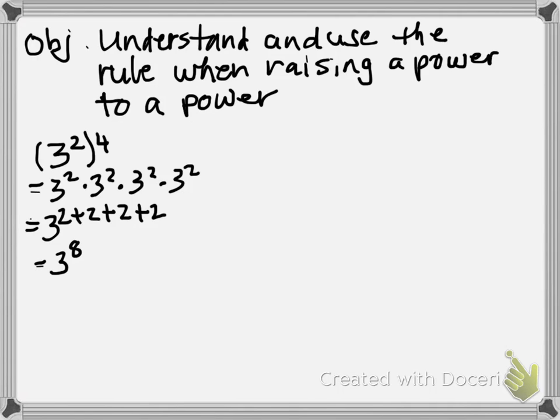All right, well, let's do another example and see if we can figure out what the rule will be for this one. So let's do one with variables. Let's do y to the 5th, and I want to cube it. So, Tori, what does y to the 5th cubed mean?